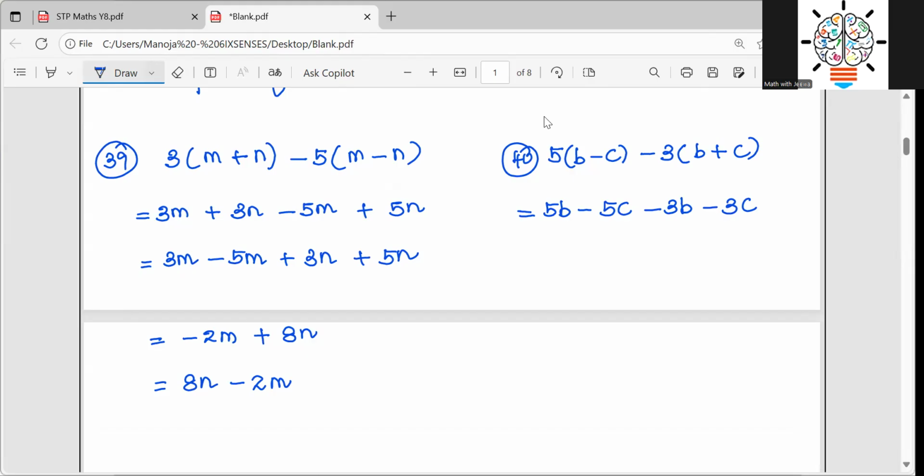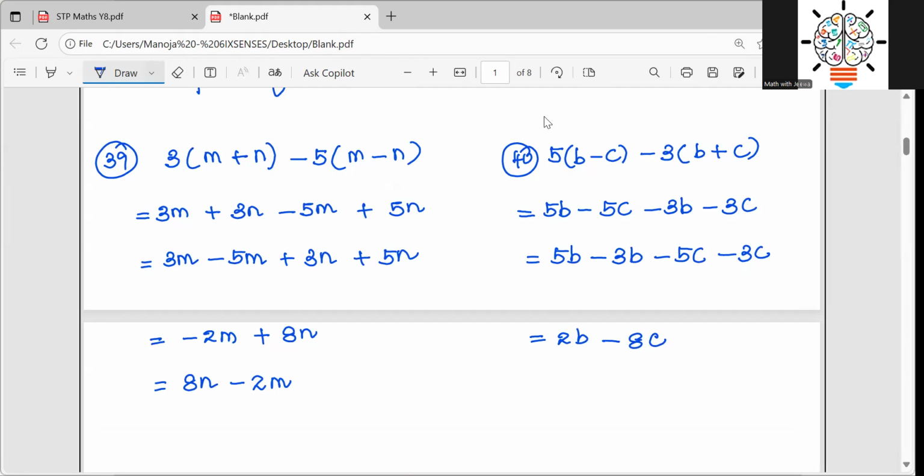So then 5b minus 3b minus 5c minus 3c. 5b minus 3b is 2b, minus 8c.